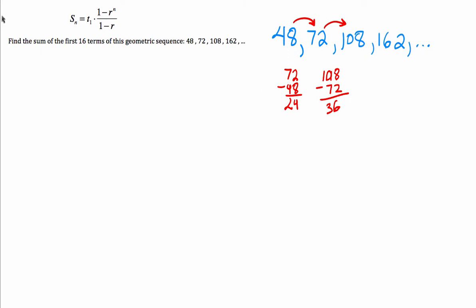So another thing that we should probably try is to check and see if this is a geometric series. Obviously it is, because that's the intent of this problem, to explore geometric. But the way to check that out is to take second term divided by first term. See what you get. 1.5. Take third term divided by second term. Also 1.5.